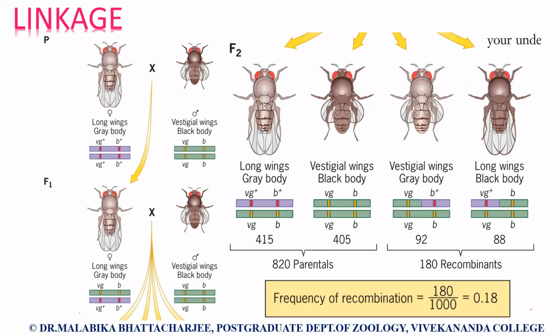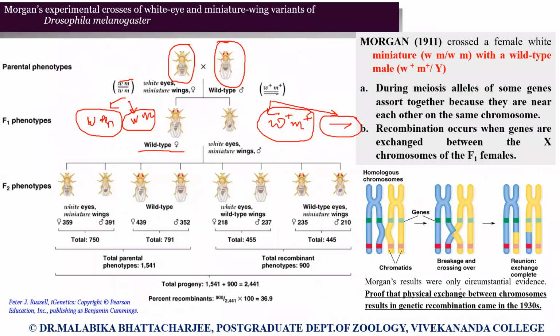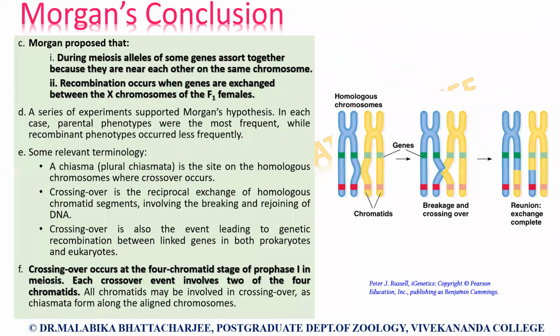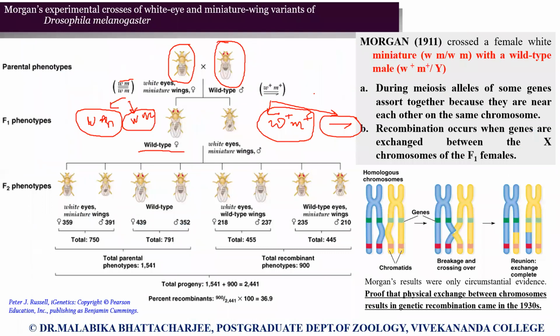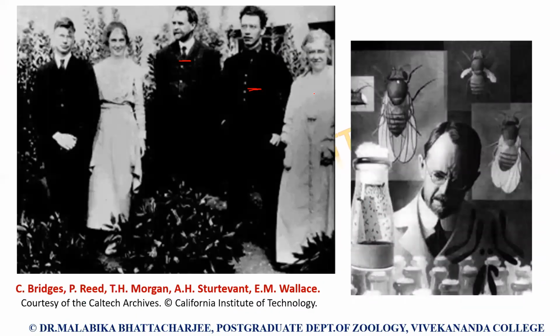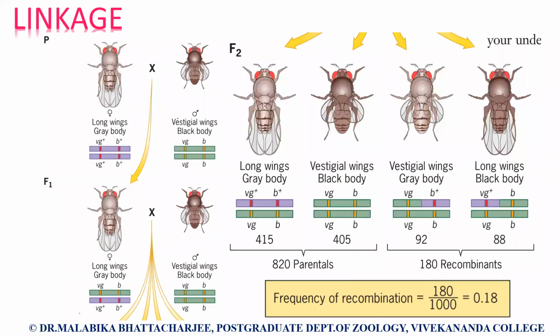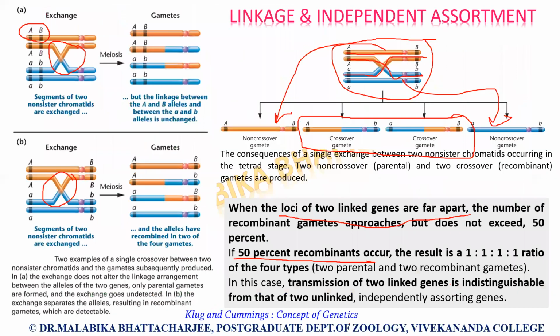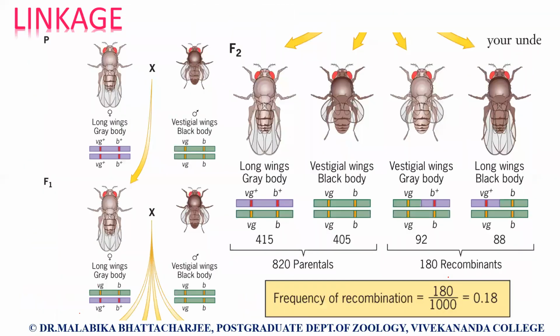We get the recombination frequency by calculating the number of recombinants we got over the total number of flies, which for this experiment is 0.18.